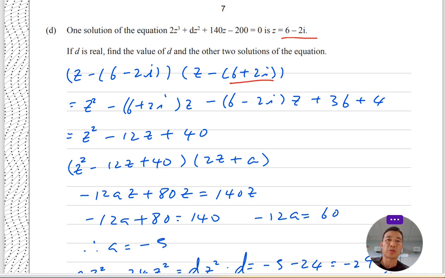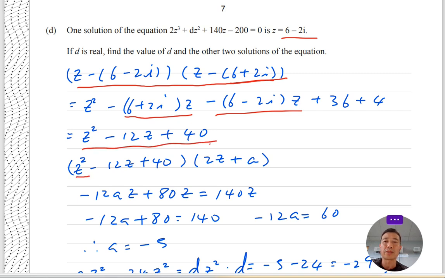So which is 6 plus 2i. With that information, we can build this quadratic expression, right? So you expand. But I recommend that you do not expand that bracket. You can just calculate in your mind. So that comes out z squared minus 12z plus 40.